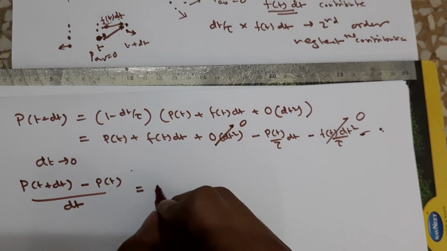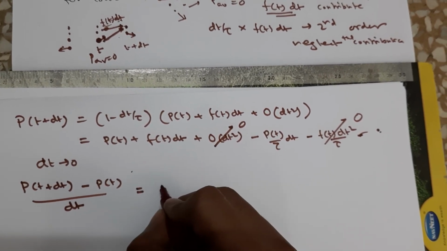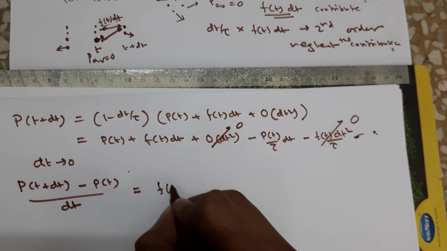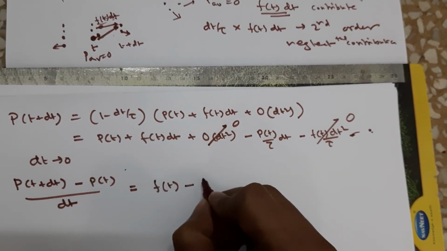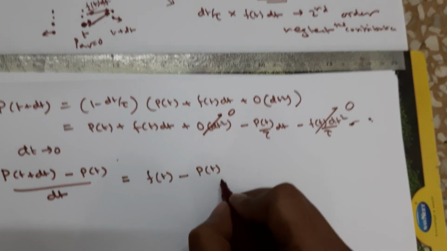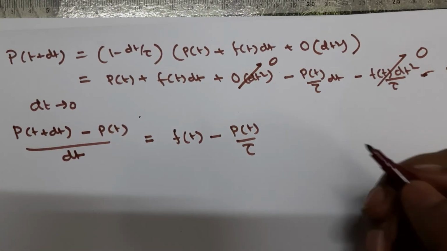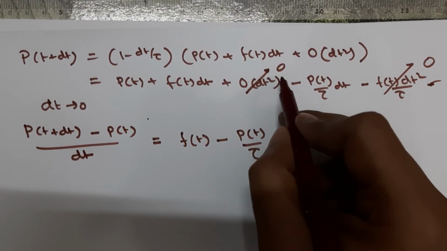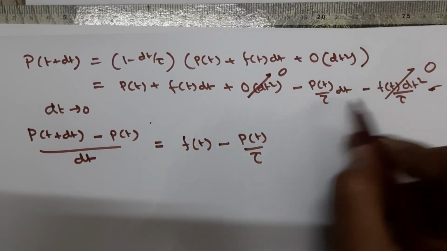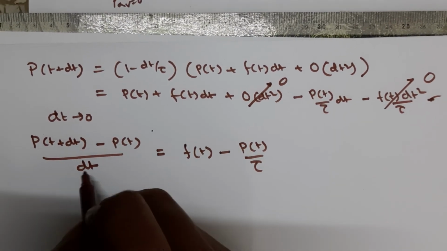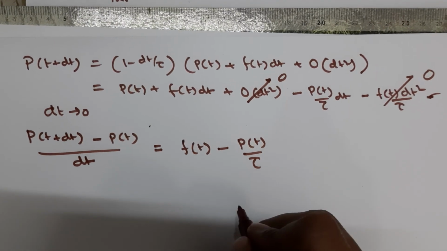All right, so that will give you F(t) minus p(t) by tau. And these terms anyway go to 0, because one dt will be divided but another dt will be there, and dt tends to 0, so these terms go to 0.